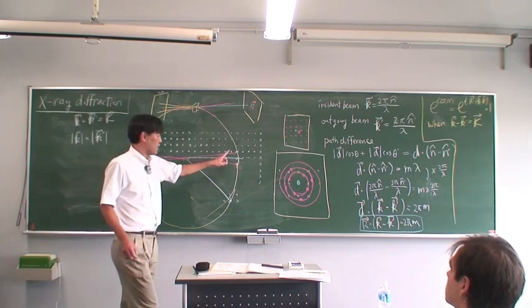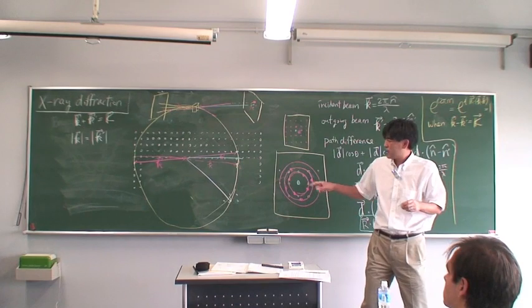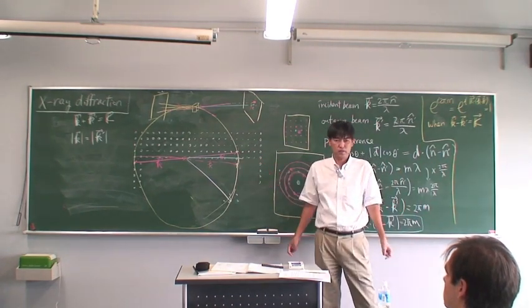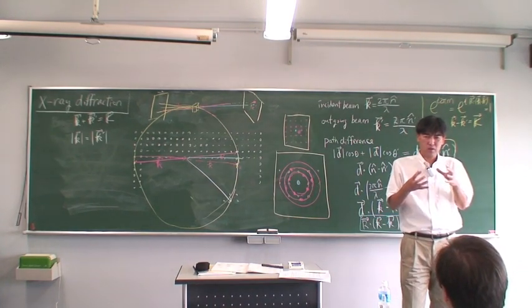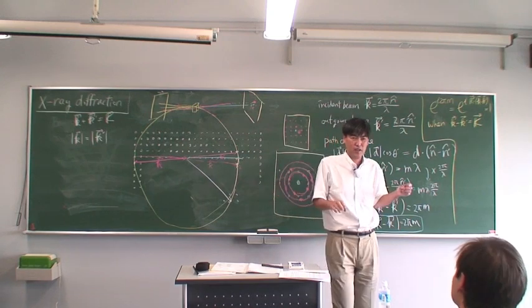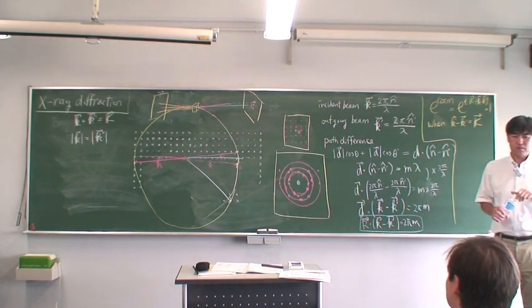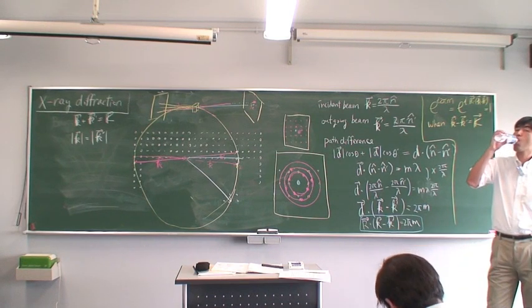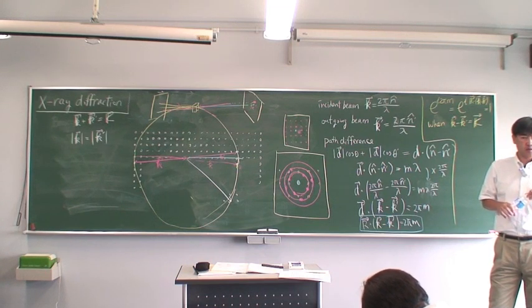So the question is, how big or how small is each reciprocal lattice point? That is the question. It has to have some volume so that it can intersect with the sphere, right? What determines the size of the reciprocal lattice point?